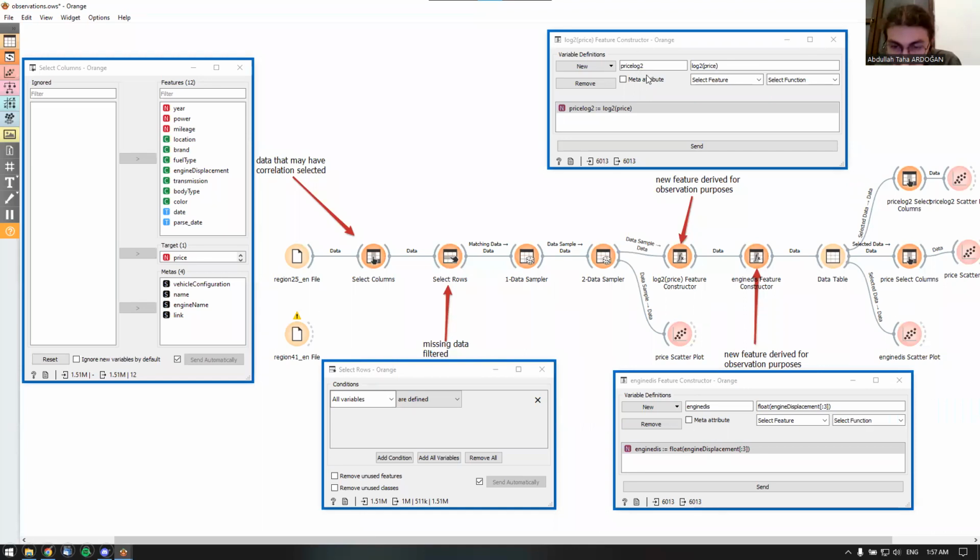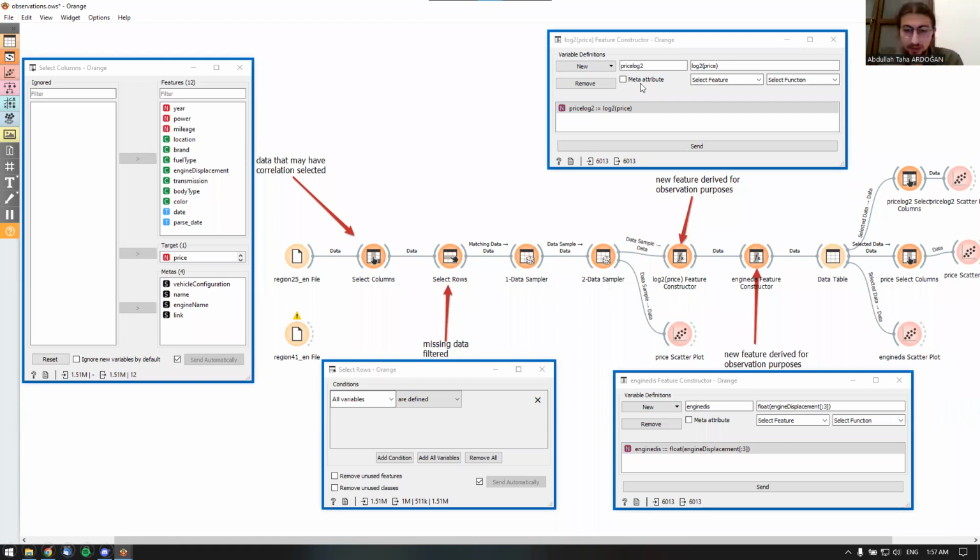We derived price log 2, taking the 2-base logarithm of price, because expensive cars are rare, and that affects the graphics and makes them hard to understand.